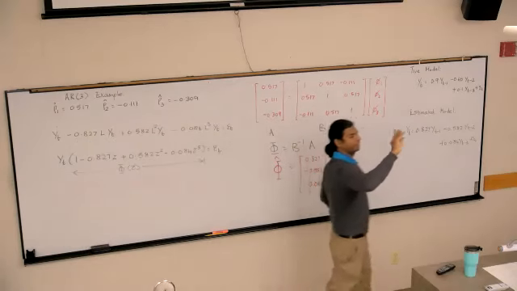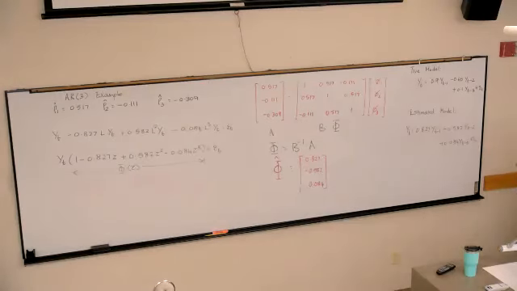So that is our phi of Z, the characteristic polynomial.